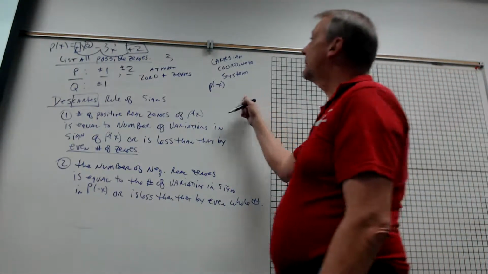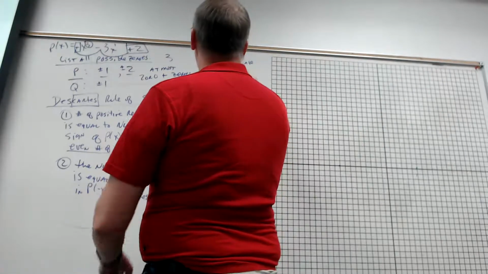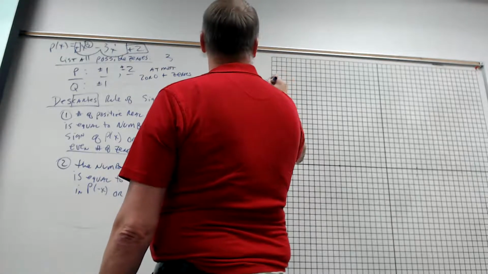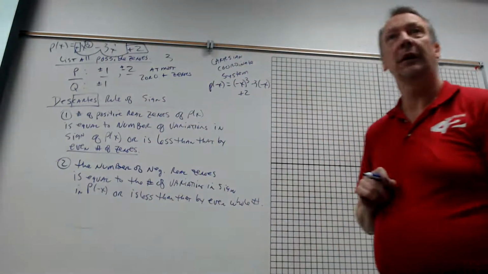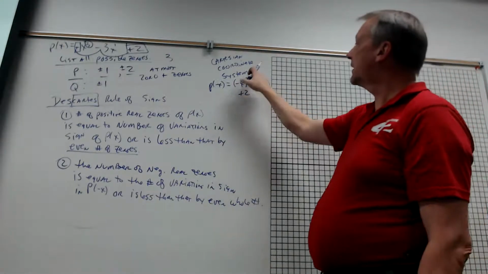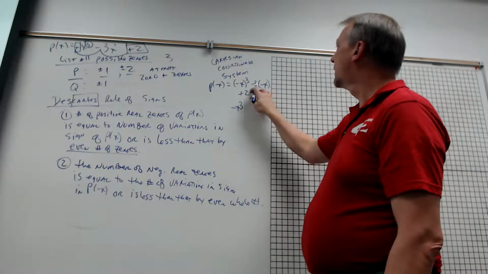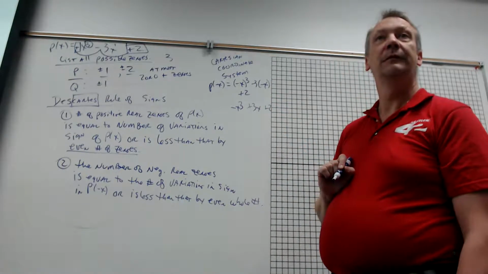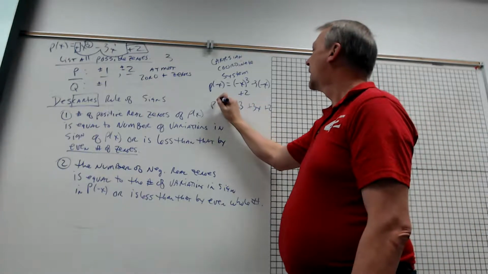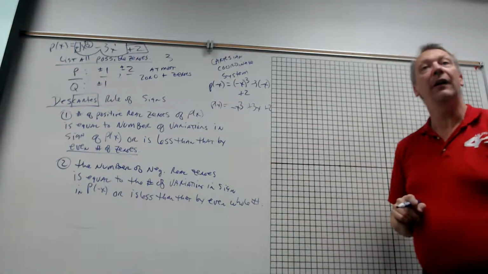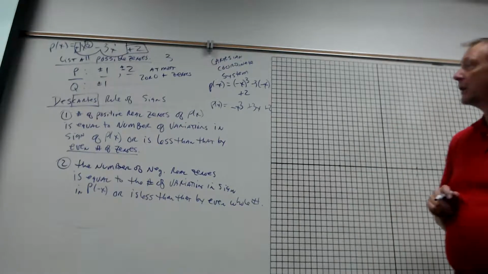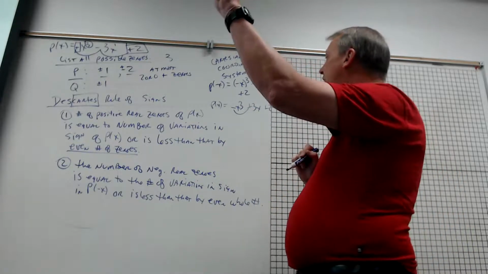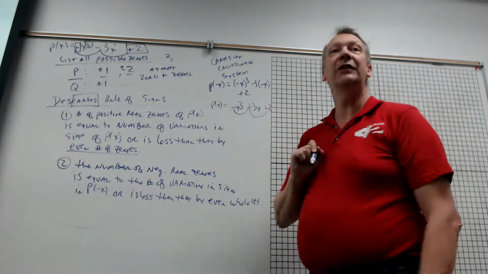So P of minus x is going to equal negative x cubed minus 3 times minus x plus 2. When I simplify this, this becomes negative x cubed, this becomes positive 3x, this becomes plus 2. So, if I want to know the maximum number of negative zeros, I need to count my changes in sign. I've got a change in sign here, right? That's one change. There is no change in sign from here to here.